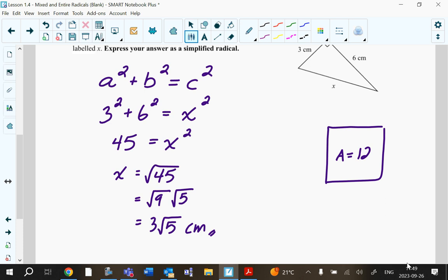No, you square root it. You got to find the side, so you got to square root the area. That's a simplified radical. Break it down. 4 and 3. 2 root 3. Nice. Well done.